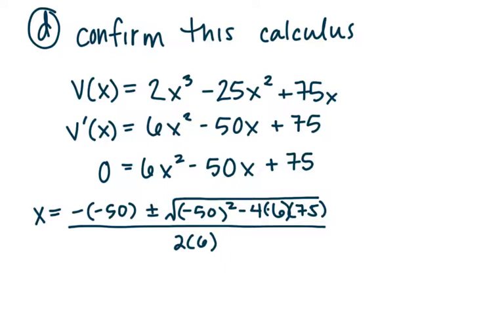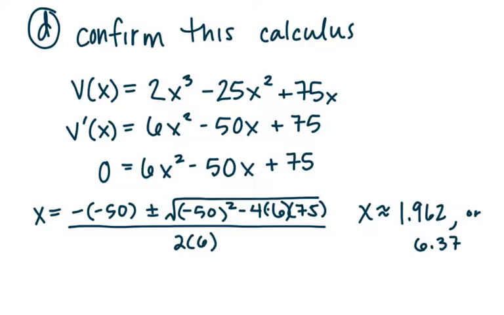And simplifying this, I get two values for x. I get approximately 1.962 or 6.37. So these are the two solutions to this quadratic equation.